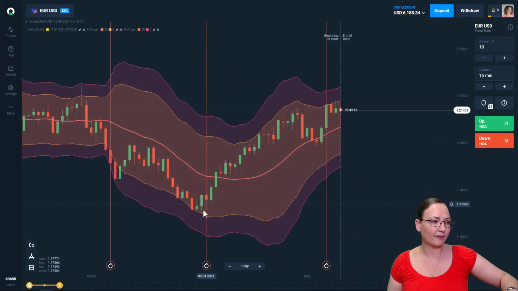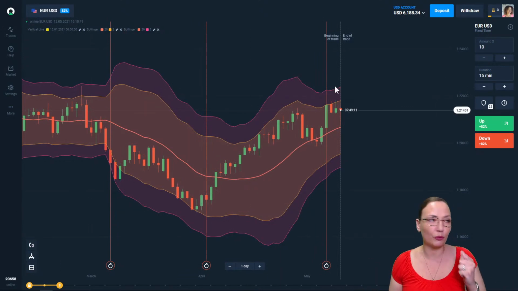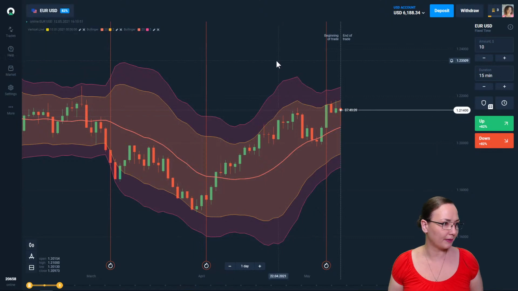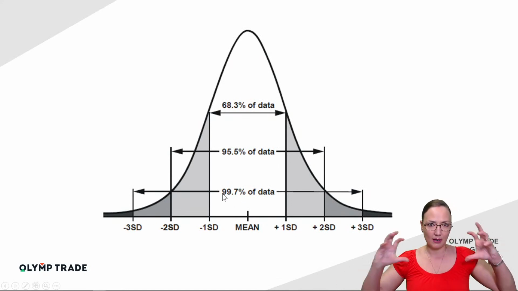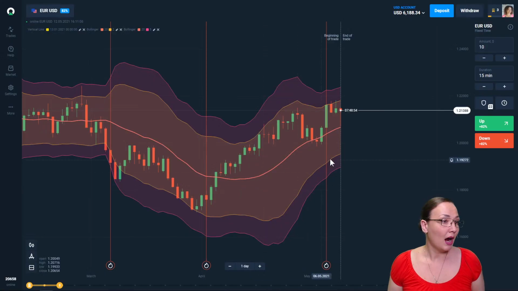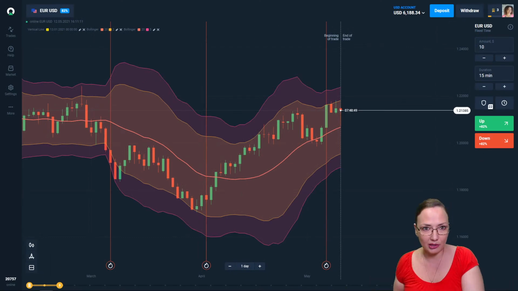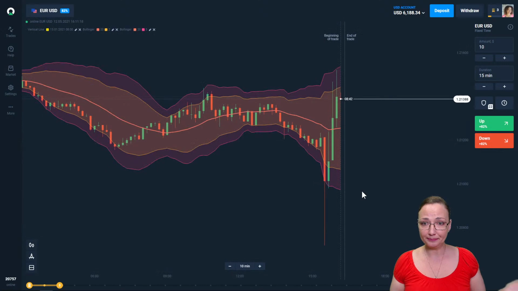So basically now we have 2 levels of support and resistance. And as you remember, let me very briefly come back here. Remember, with 3 standard deviations, the price is maintained within that area 99.7% of the time. Alrighty, and this is a strategy called the double Bollinger strategy, and it works well on lower time frames.